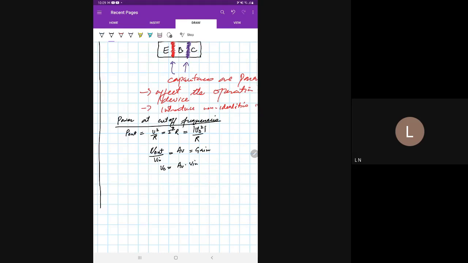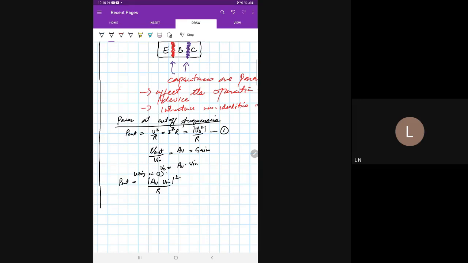If we use this equation in equation 1, we will have P output equal to AV V input divided by R, whole square.